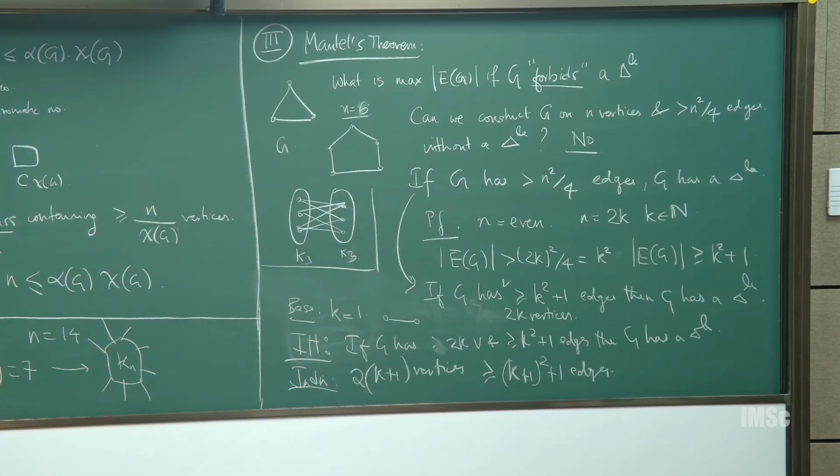You have to show that G has a triangle. If induction is not clear, you should say. So can we try and show that?